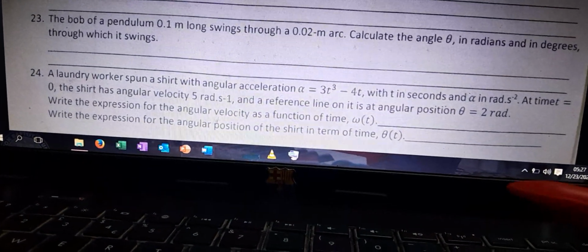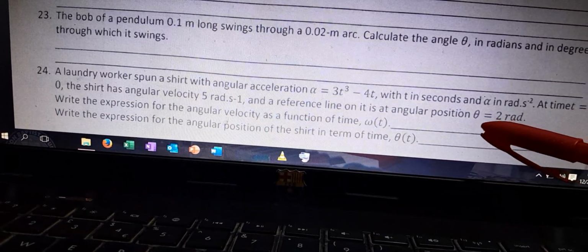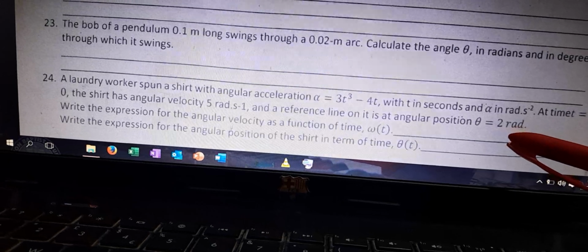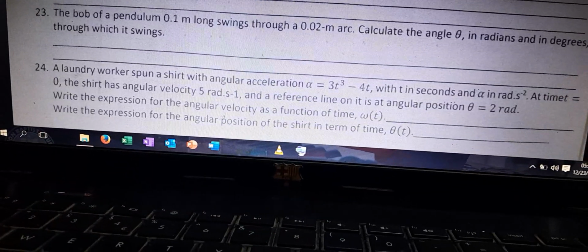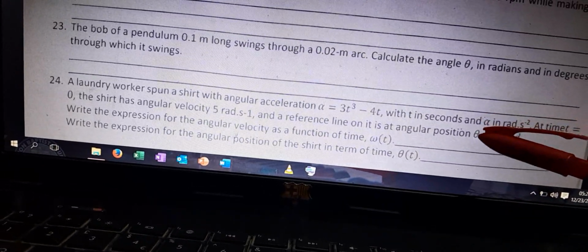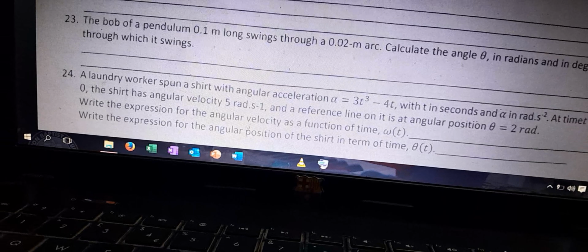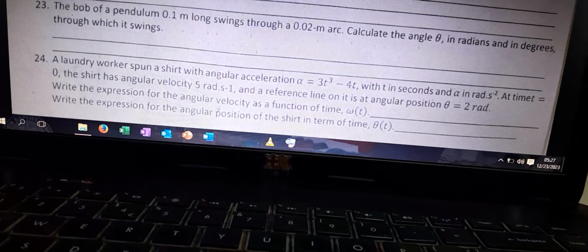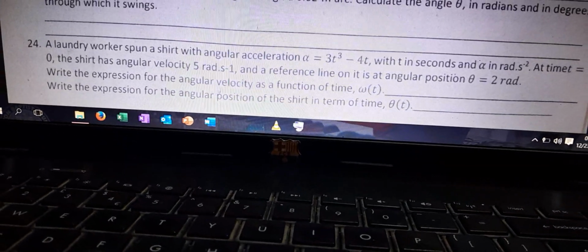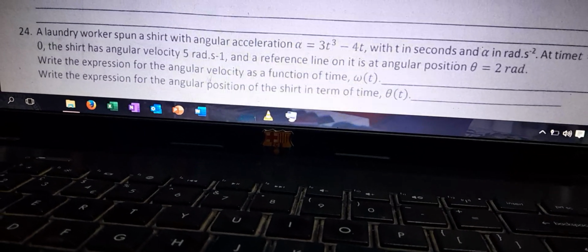At t also equals 0, we're told that the reference line's angular position is equal to 2 rad. So it means that theta here is equal to 2 rad at t equals 0. The same thing we did for the angular acceleration and angular speed is the same thing we're going to do.